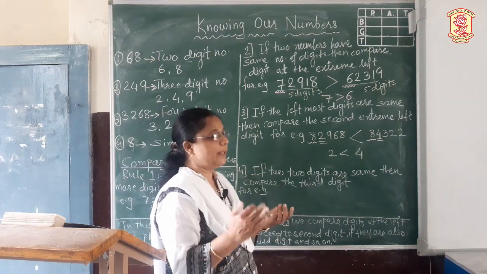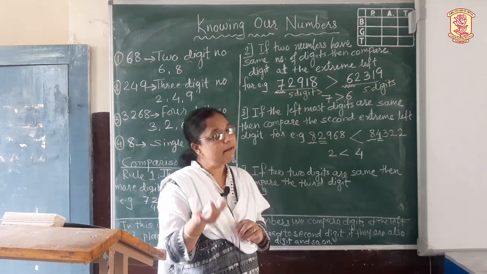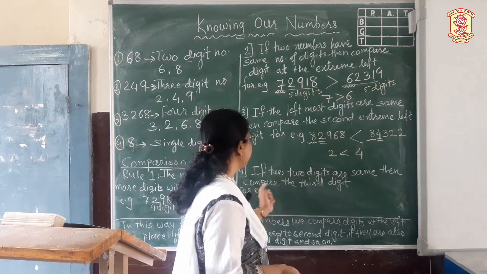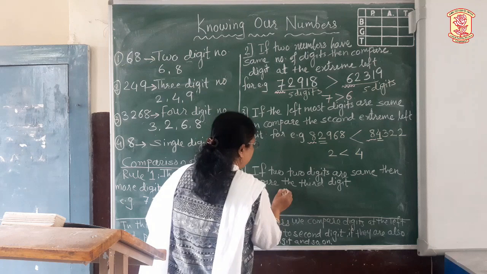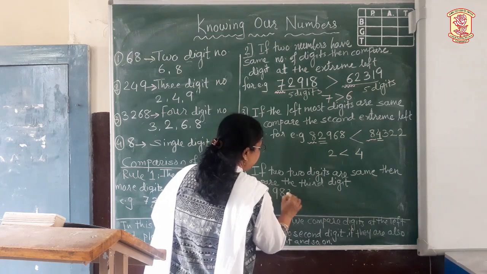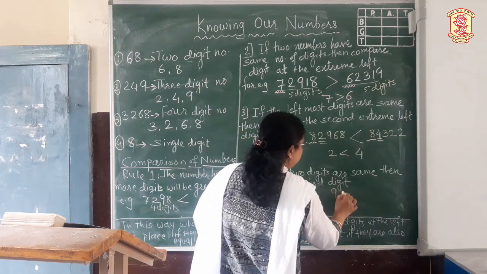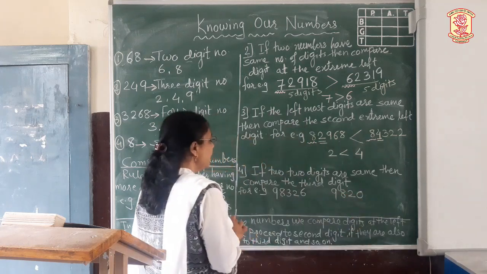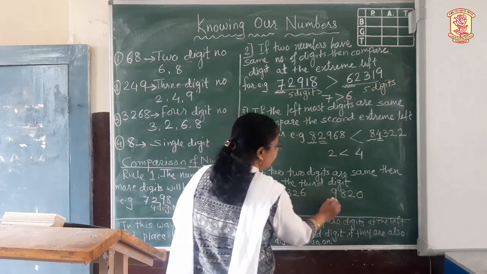Now rule 4. Sometimes we have numbers, first 2 digits are same. So what to do? If 2 digits are same, then compare the third digit. For example, now see 98,326 and 9,820. First 2 digits are same. See, first digit is 9, here also 9.